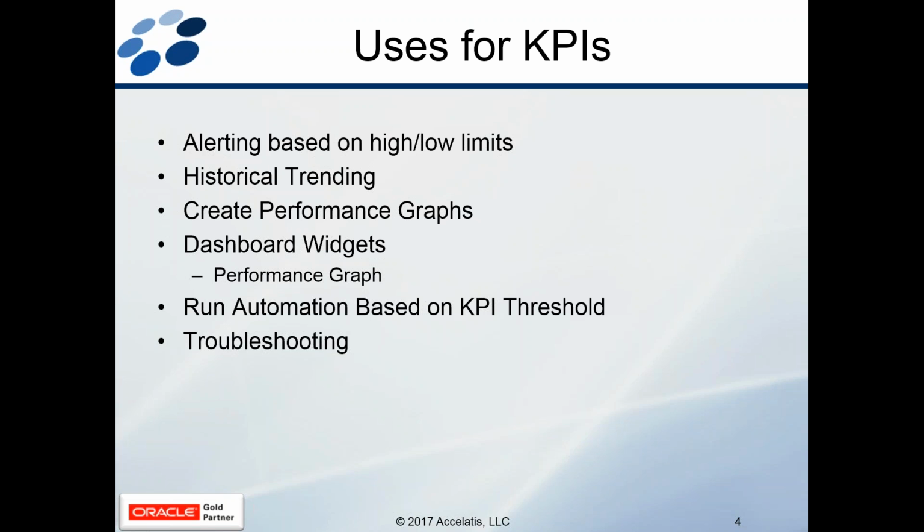In which case, if you're working on it for troubleshooting, you might want to dig in a little bit. You might want to say, well, now even though the CPU on the entire system is high, let me go in and see how high the CPU usage is for my processes, right? So for troubleshooting, you can dig in a little bit. You can add some KPIs if it's something that you want to explore. But again, you can look at that historical data, and that will help you with the troubleshooting process using KPIs as well.